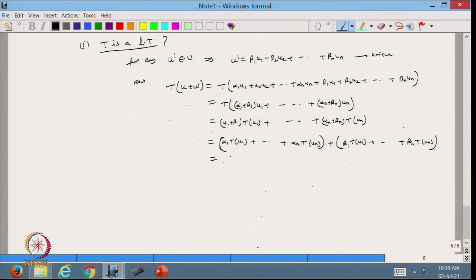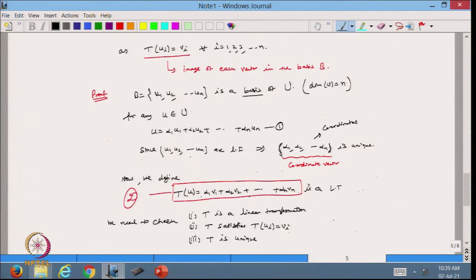And this one I can write as T of alpha 1 u 1 up to T of alpha n u n, plus the same way T of beta 1 u 1 up to T of beta n u n, because I have taken T to be a linear transformation.